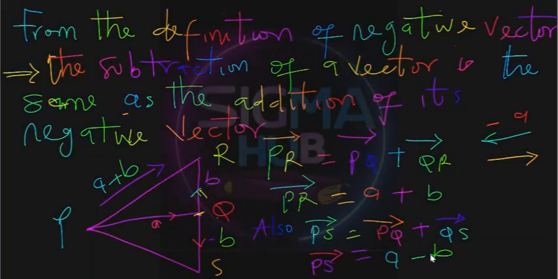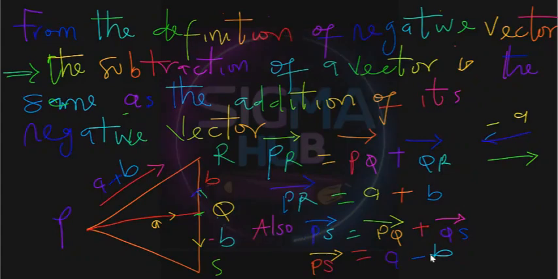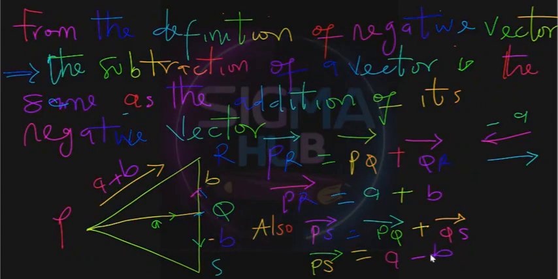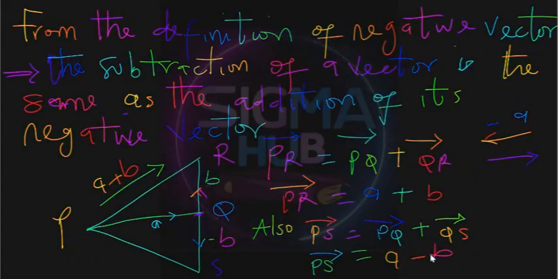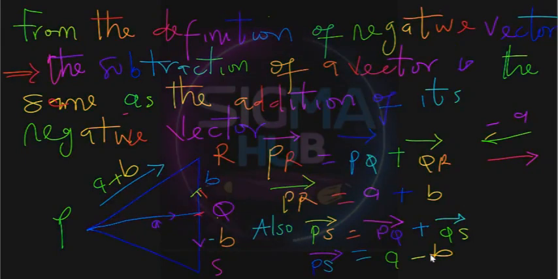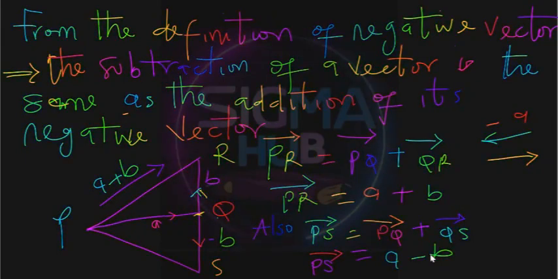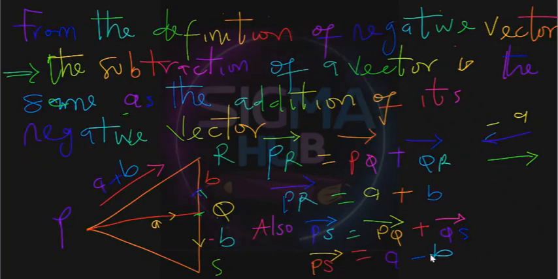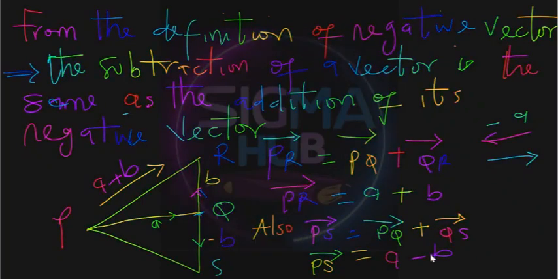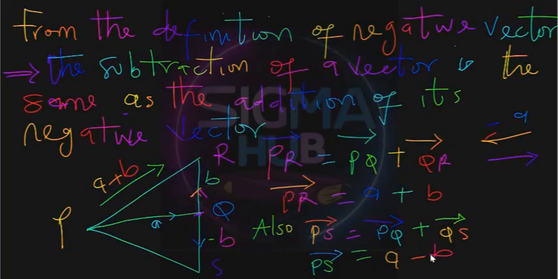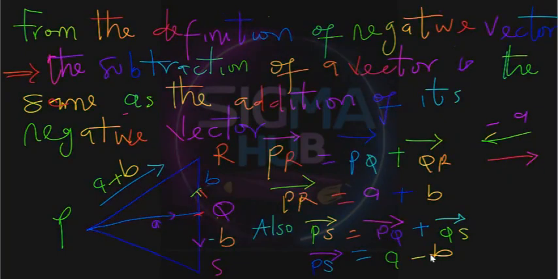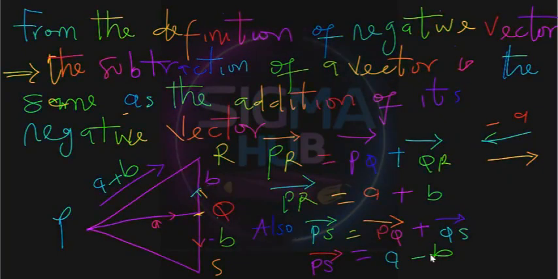So these two illustrations have demonstrated how we can illustrate the sum and the difference of two vectors.